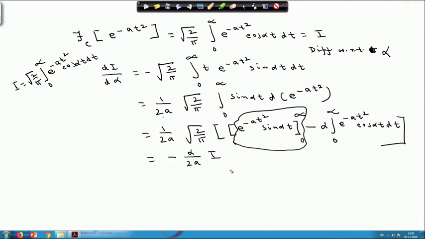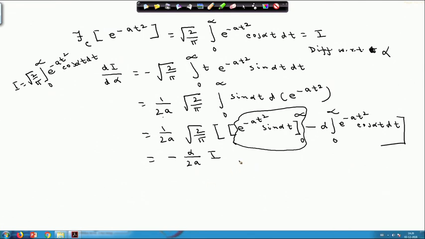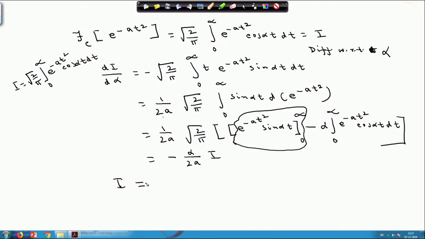So, you see, I have to evaluate the integral. What I am doing is just making the differentiation of the integral, and by making the differentiation, I will obtain one first order ordinary differential equation, which is dI d alpha plus alpha by 2a into I equals 0, and whose solution I can directly write down: I is equals to c into e power minus alpha square by 4a.